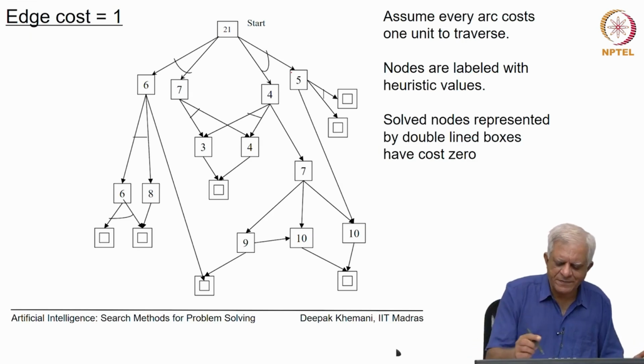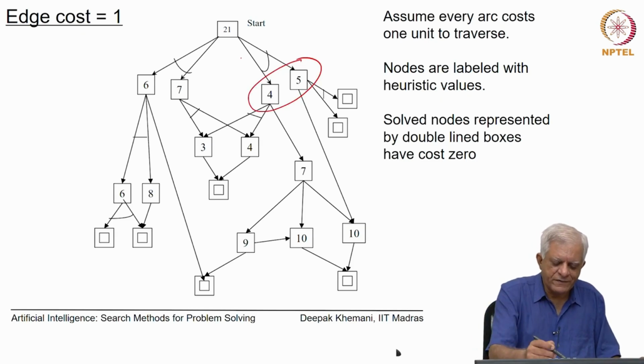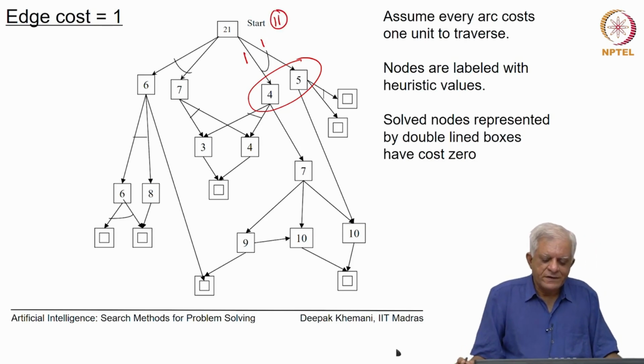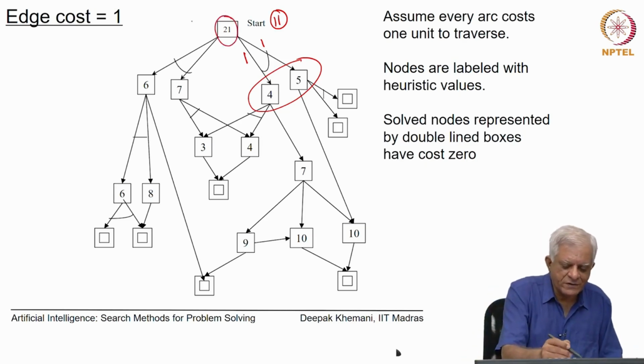So, let us look at a sample here. If you are looking at this branch where the heuristic values are 4 and 5, if you add 1 and 1 here, then it becomes 4 plus 1, 5 plus 5 plus 1 6, and so this would become 11. You can see that the actual value of 21 is overestimated.